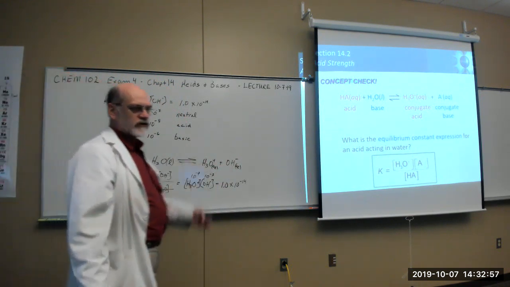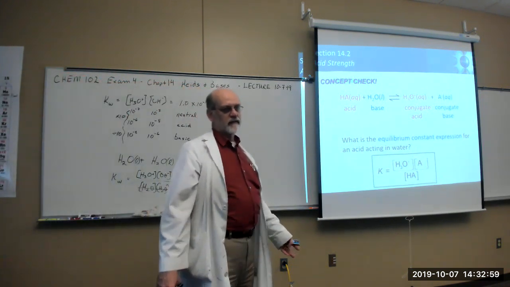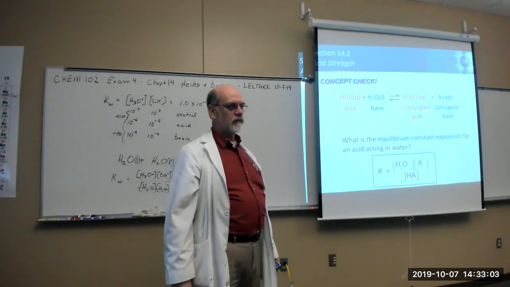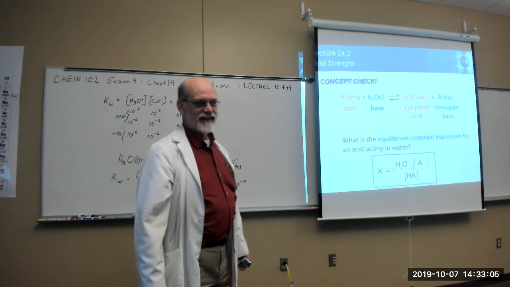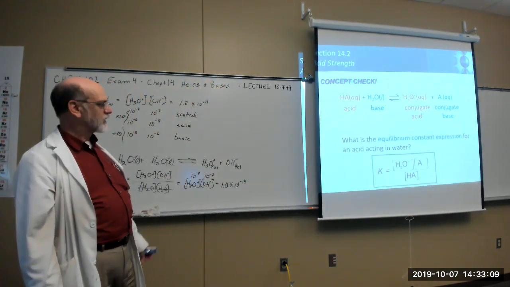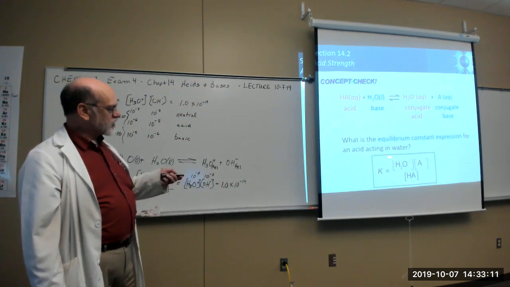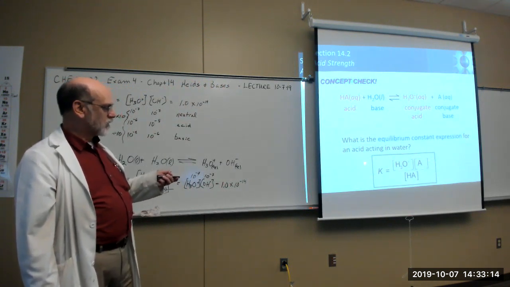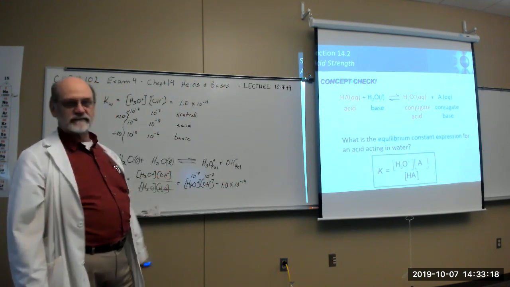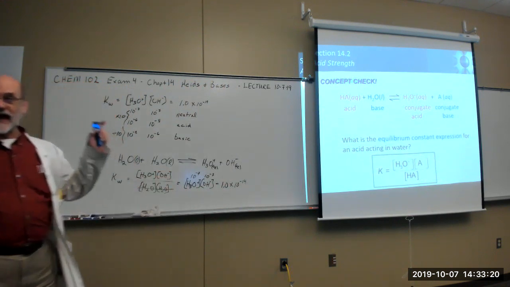Besides that, its concentration doesn't change anyway, right? Pure water is about 34 molar, right? So we put a weak acid in there, it's not going to change. So this is the generic expression for an equilibrium constant for an acid. Okay.